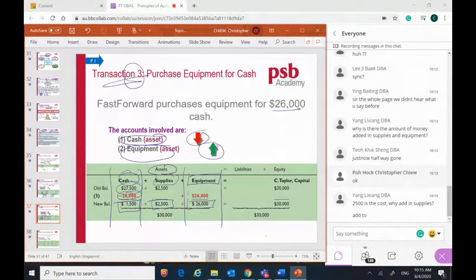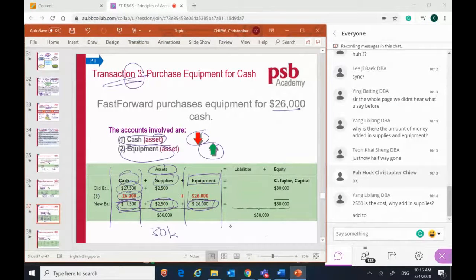So what is our total assets now? You add up the 3: $1,500 cash plus $2,500 supplies plus $26,000 equipment. Total assets $30,000. All right, there's a question here. Why do we add in the supplies?